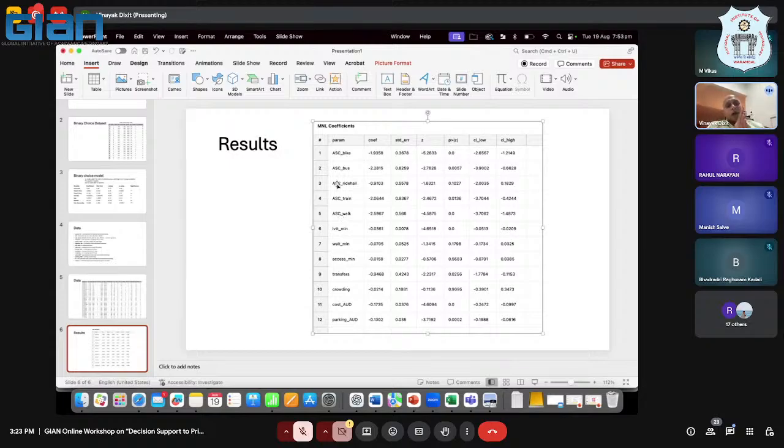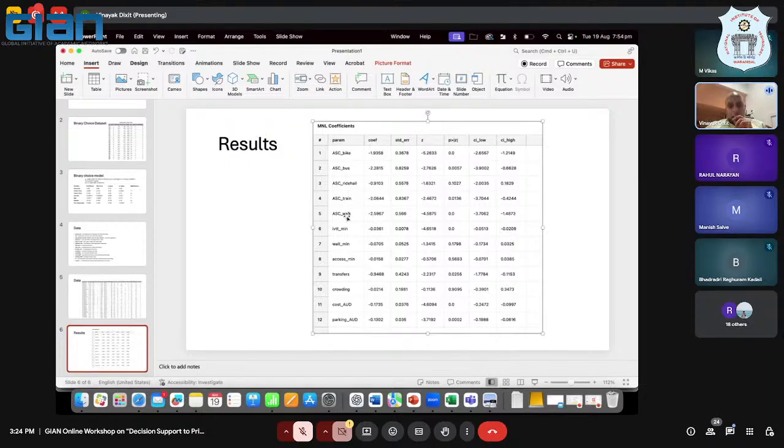Usually, whenever you do this multinomial logit model, if you have five modes, you will only get four. You'll make the constant of one of them zero, and you'll find the other four. So that's what's happened.